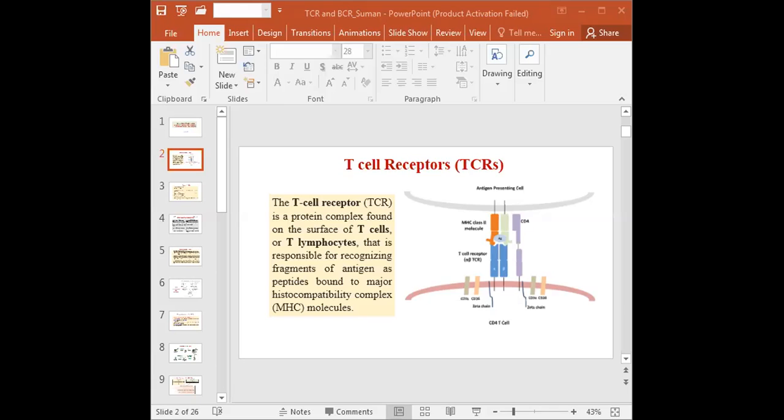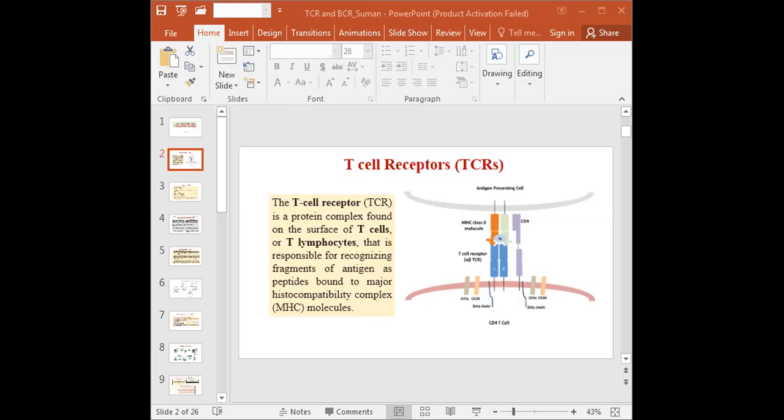Like all other receptors, the antigenic receptors also have one domain that recognizes its ligand, in this case the antigen, and another domain which transduces the signal into the interior of the cell.